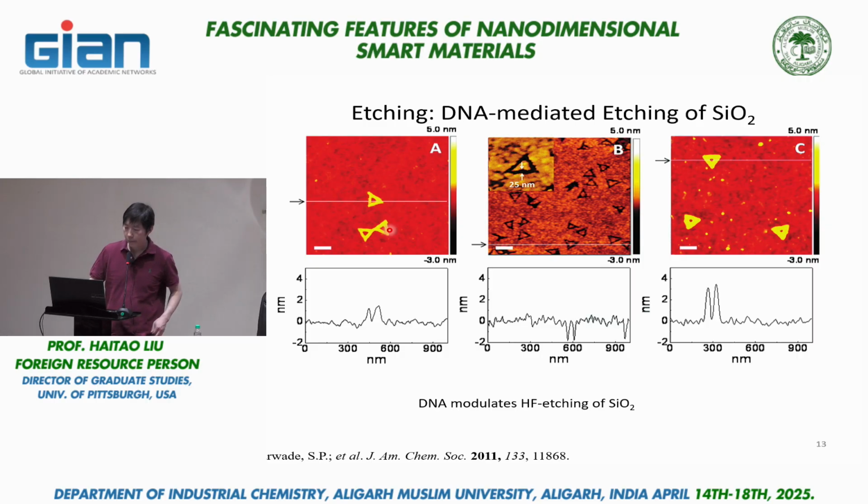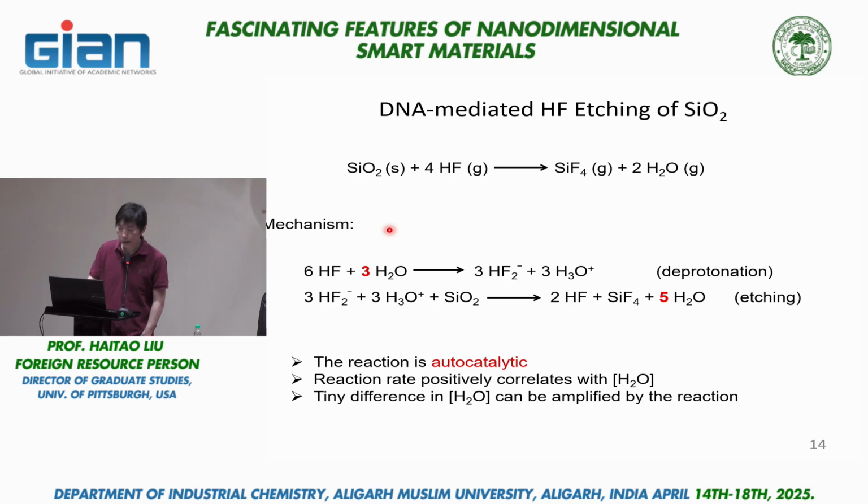So what is happening? What is happening is a process catalyzed by water. The etching of silicon oxide by HF is a well-known process and is known to be catalyzed by water. This reaction will produce silicon fluoride, which is a gas, and water.